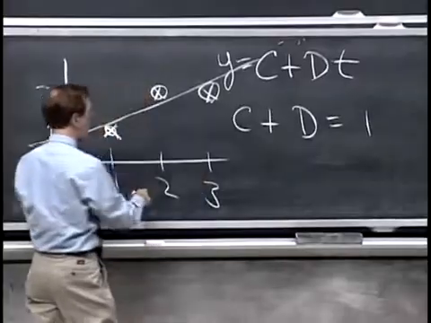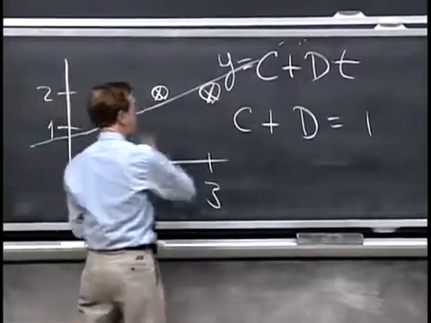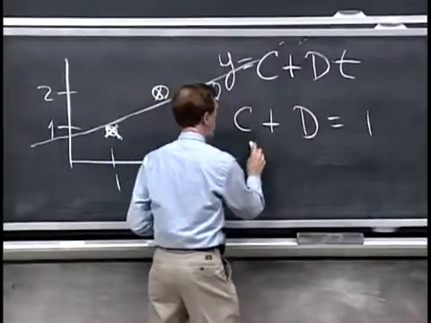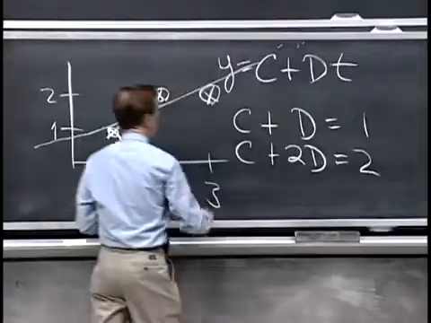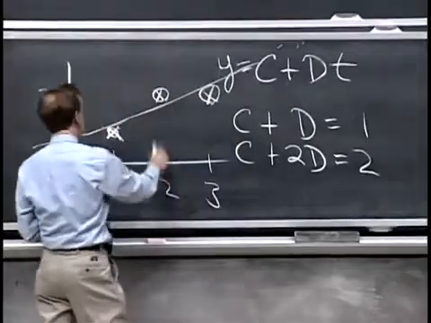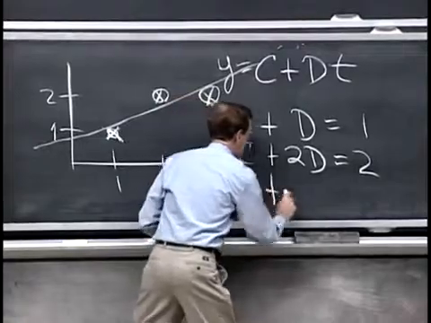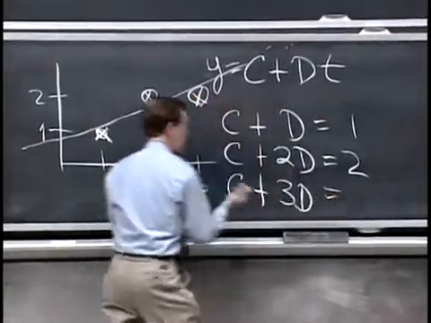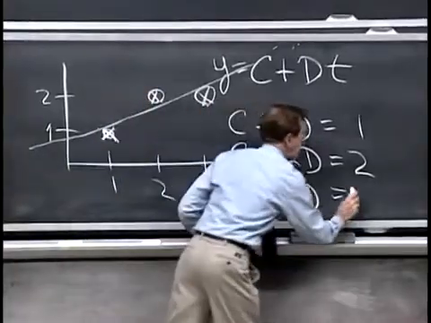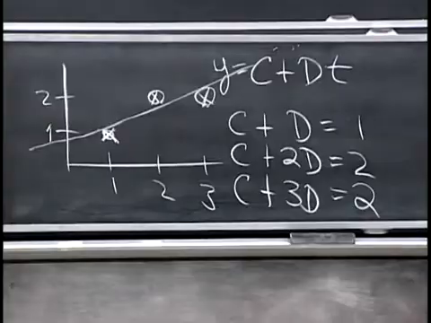Because at t equal to 1, I'd have C plus D, and it would come out right. If it went through this point, I'd have C plus 2D equal to 2. Because at t equal to 2, I would like to get the answer 2. At the third point, I have C plus 3D, because t is 3, but the answer I'm shooting for is 2 again. So those are my 3 equations.